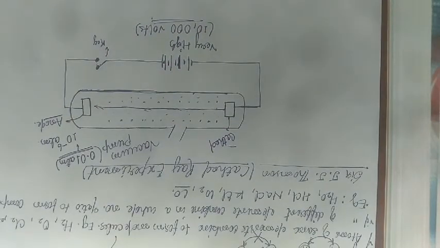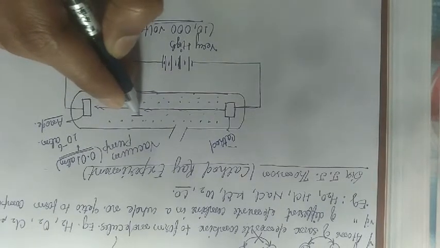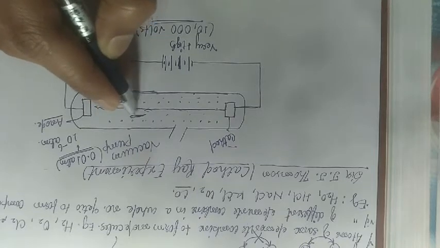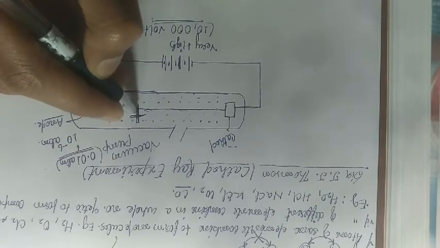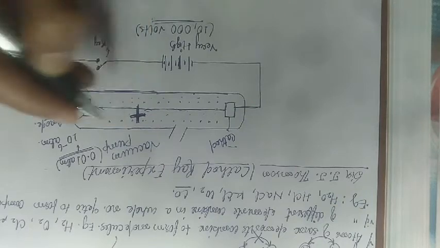Now he has done some experiments on this. So what are the experiments? One by one we will see them. First of all, he has put one cross like this, one plus sign, or we can say a cross, just like this.